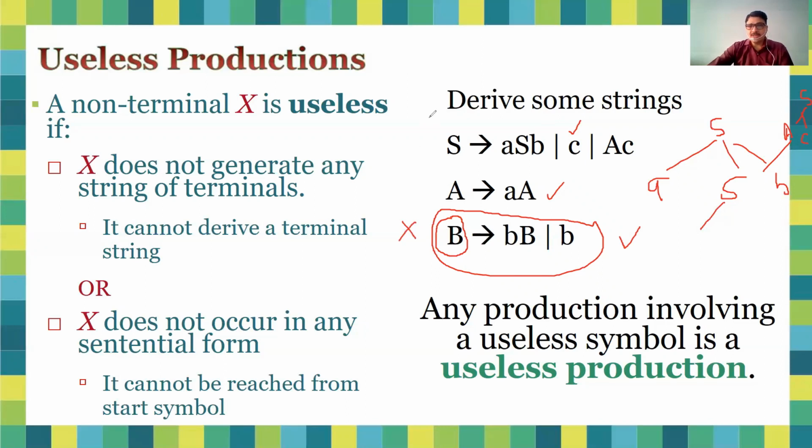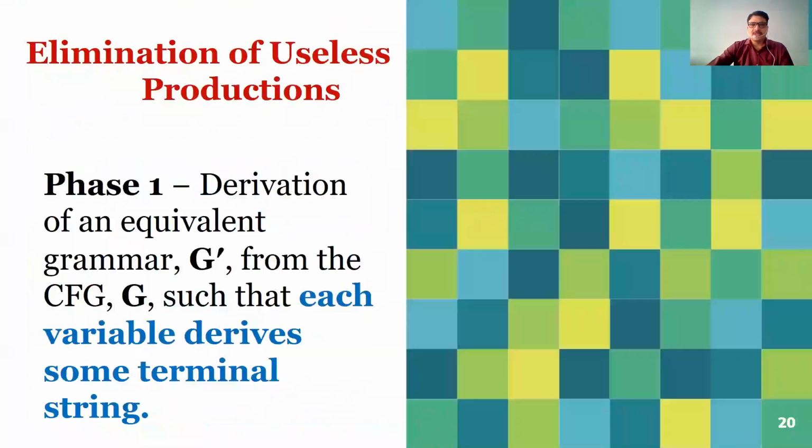Now we have done this manually, but the same thing can be done with the help of an algorithm also. For removing the useless productions, we will use a defined theorem. The theorem is the derivation of an equivalent grammar G dash from the context-free grammar G, such that each variable derives some terminal string.